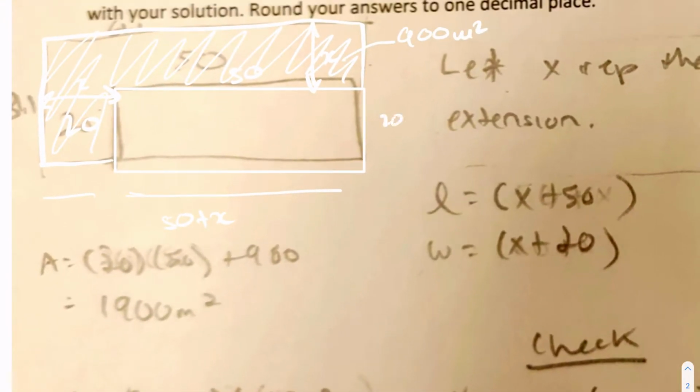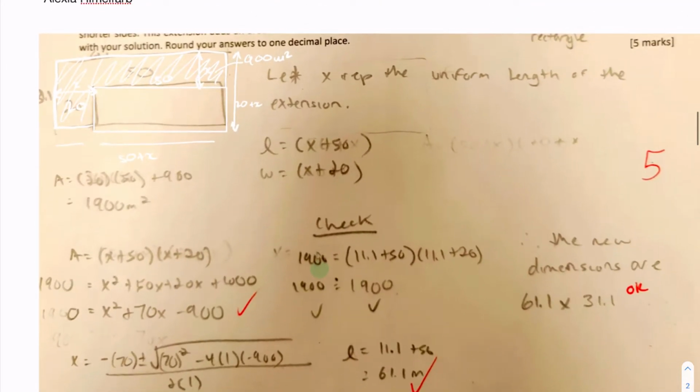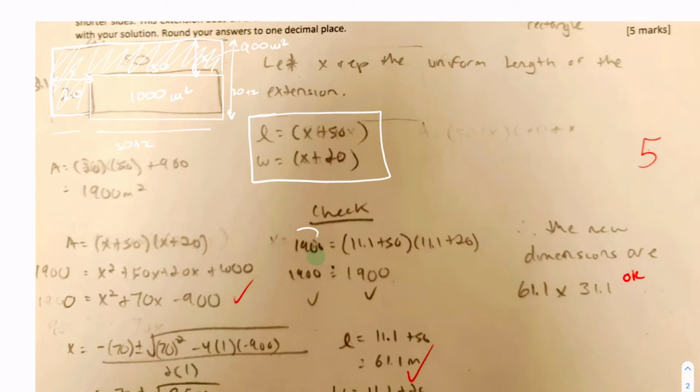If this is 20 and I add on an x, this whole thing is going to be 20 plus x. We have a length and a width for the larger shape. And the original area, by the way, is just 20 by 50, or 1,000 square meters. So what does that mean the whole area is? Well, it's just the sum of its parts, or 1000 plus 900, or 1900.